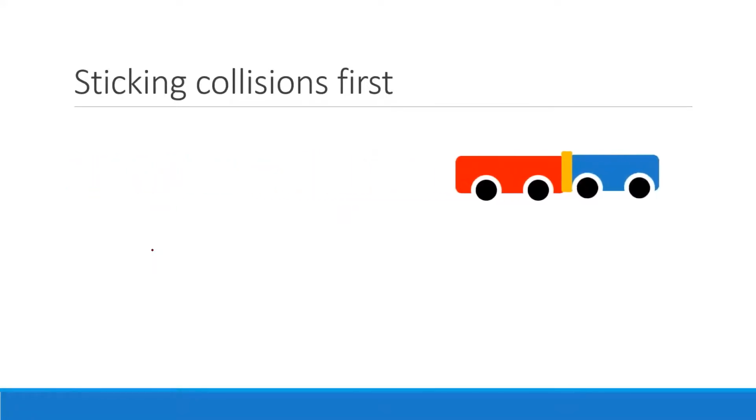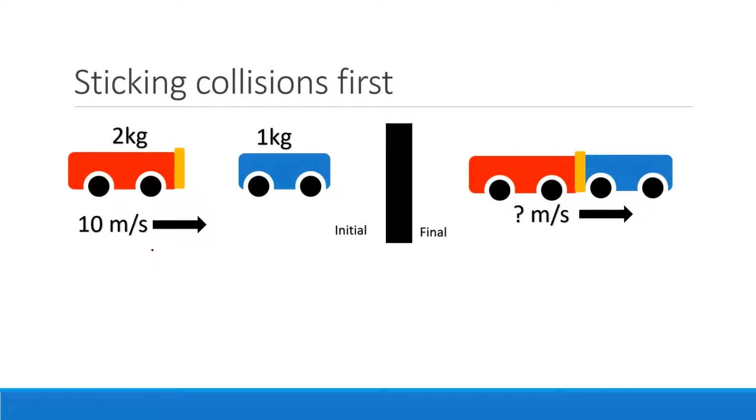This is actually what the basis of the question was at the end of the quiz, except the difference was instead of telling you guys to work out what the speed was, I told you what the speed was, and I asked you to find out what this mass was. And that was actually easy to do because you could find the net mass here, and then because you knew this was 2, you could work out what this one was.